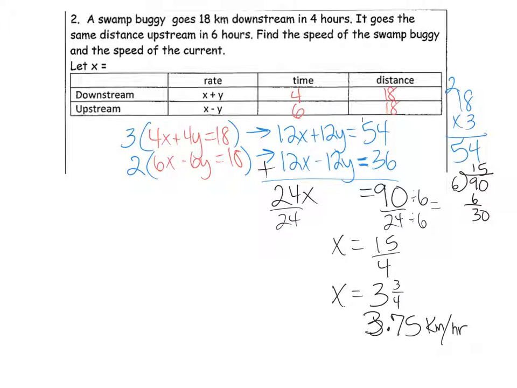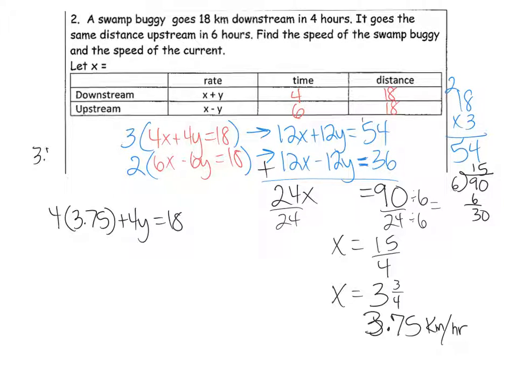What equation would you like to plug 3.75 into? Which equation is easiest for you? The top or the bottom? Top. 4 times 3.75 plus 4y equals 18. It is very rare that when you do time and traveling that you get perfect whole number answers, hours.